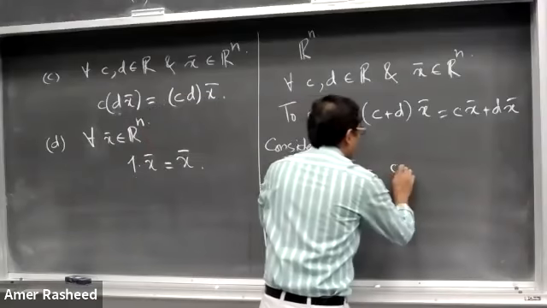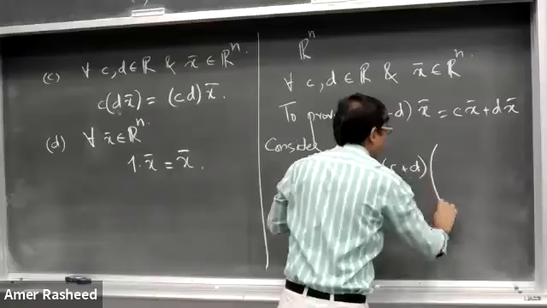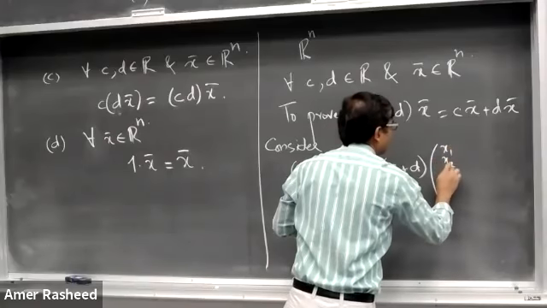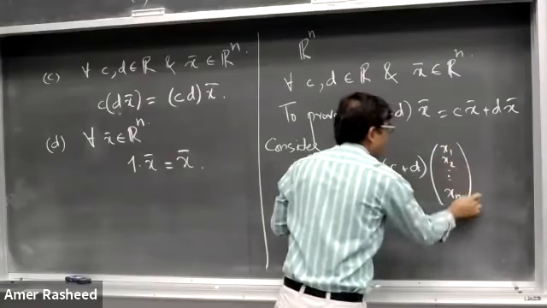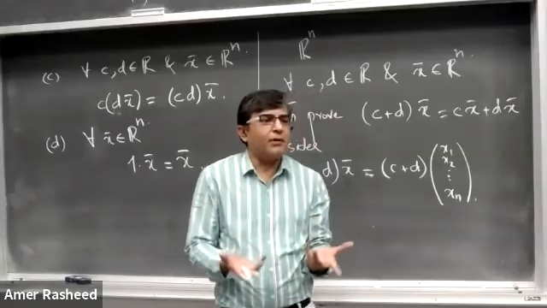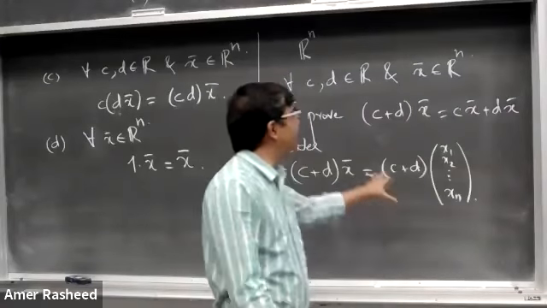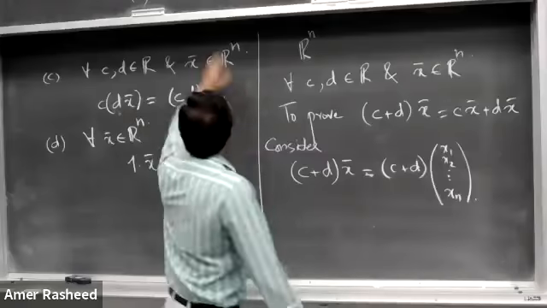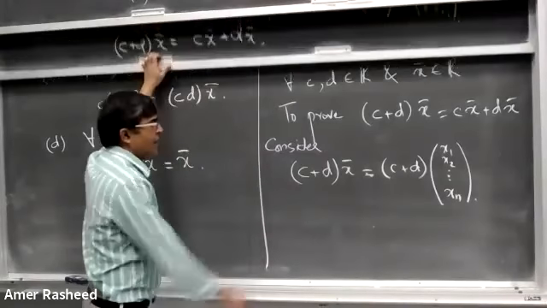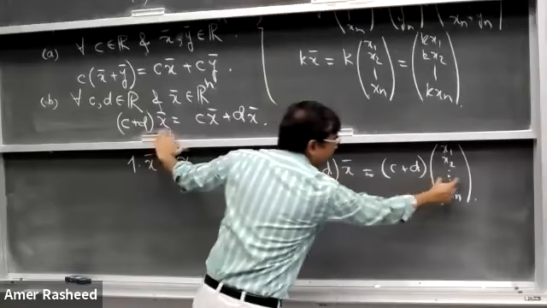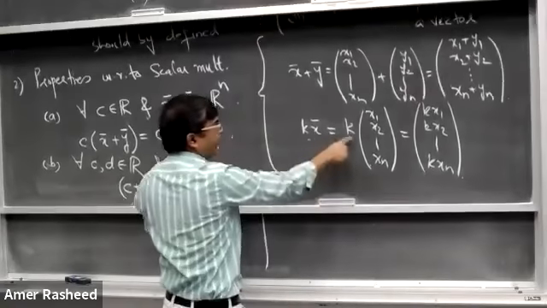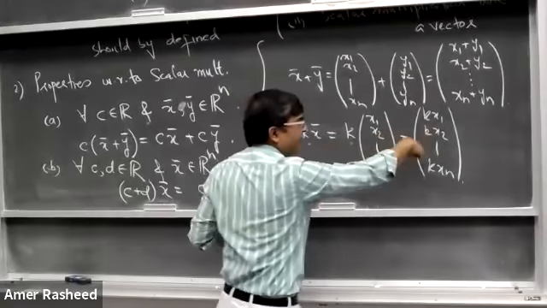What would be the form of x? x should be x1, x2, and so on, xn. Now, this c plus d is a number, a scalar, because the sum of two scalars is a scalar. And how to perform this scalar multiplication? This is already defined here. How do we multiply a scalar with a vector? This is defined here. We'll use this definition.